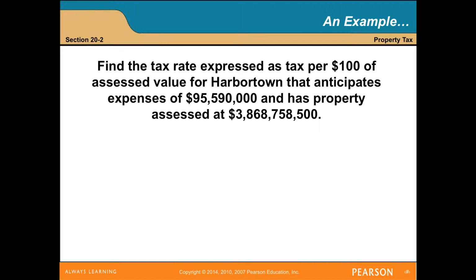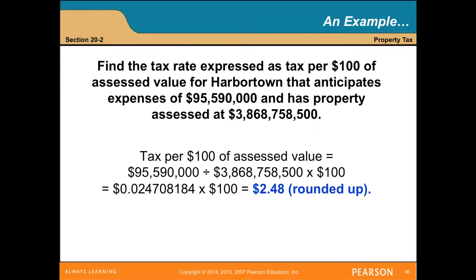Here's an example. Find the tax rate expressed as a tax per $100 of assessed value for Harbortown, which anticipates expenses of $95,590,000 and has property assessed at $3,868,758,500.